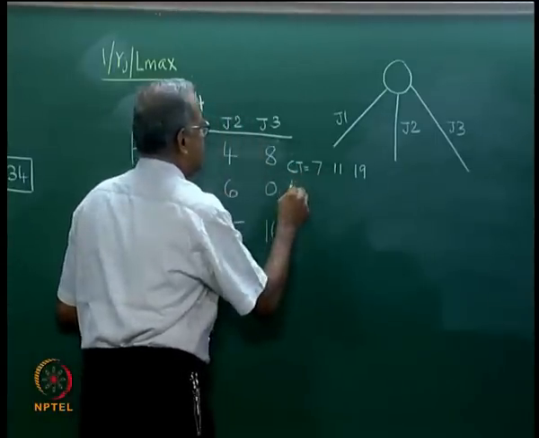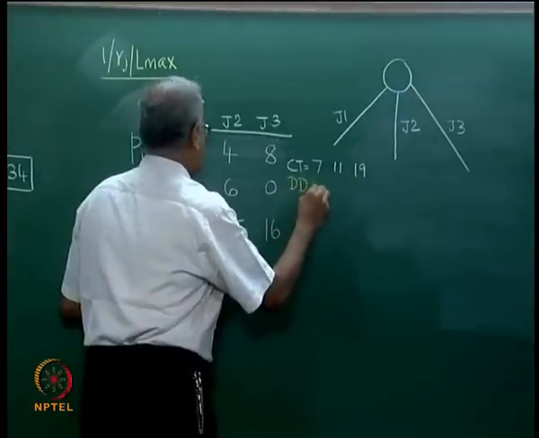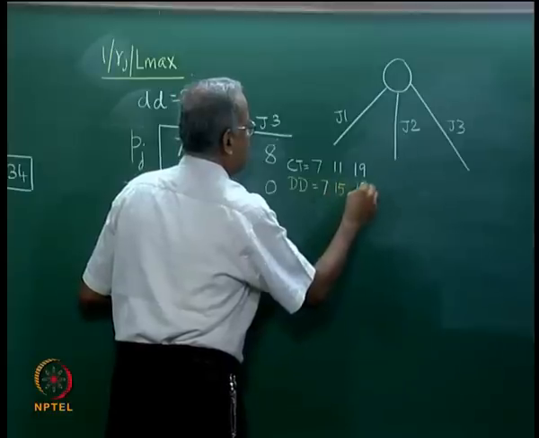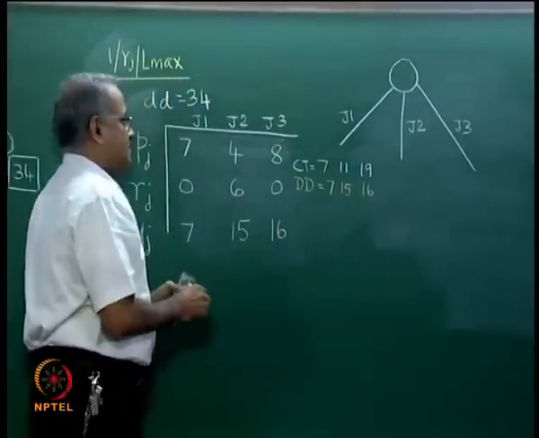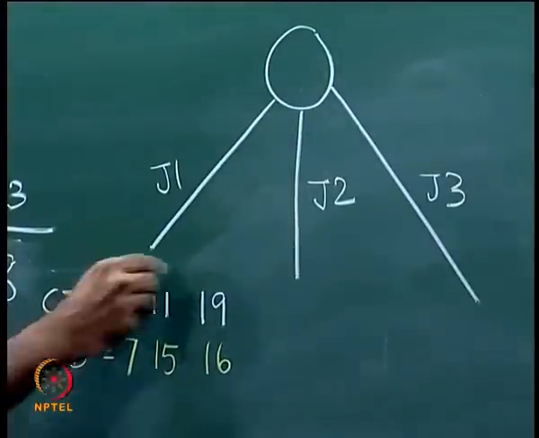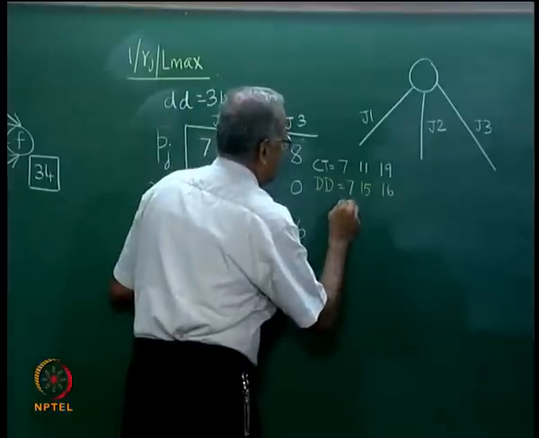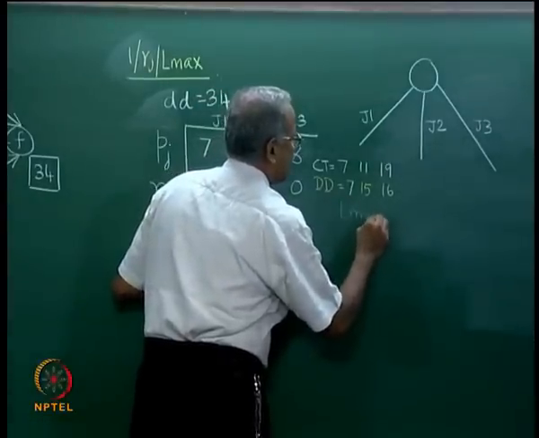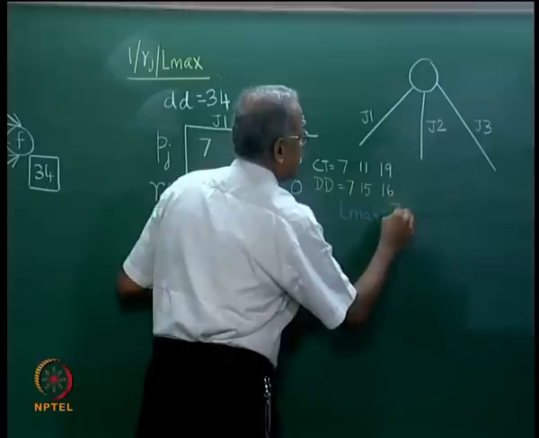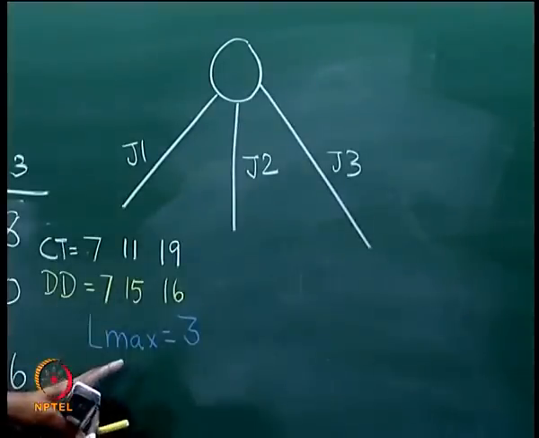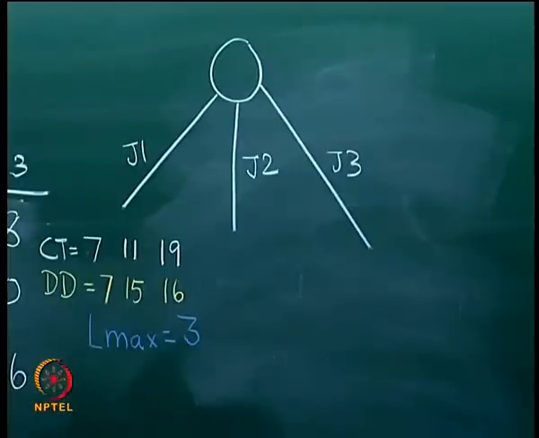The due dates are 7, 15 and 16. So, only one job is tardy. So, from this we find that L max is 3. There is only one tardy job, so it gives us L max equal to 3.